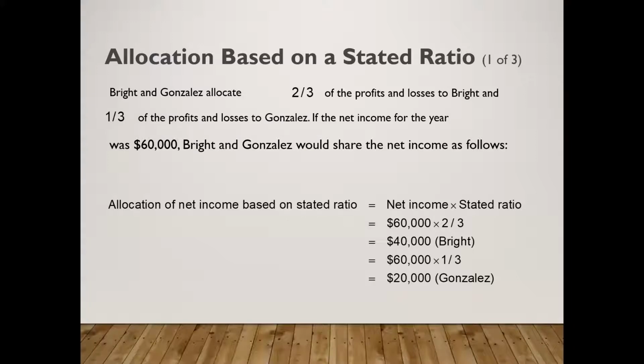Therefore, the allocation to Bright would be $60,000 times 2/3, which is $40,000 for Bright. And the allocation to Gonzalez would be $60,000 times 1/3, which is $20,000 for Gonzalez.